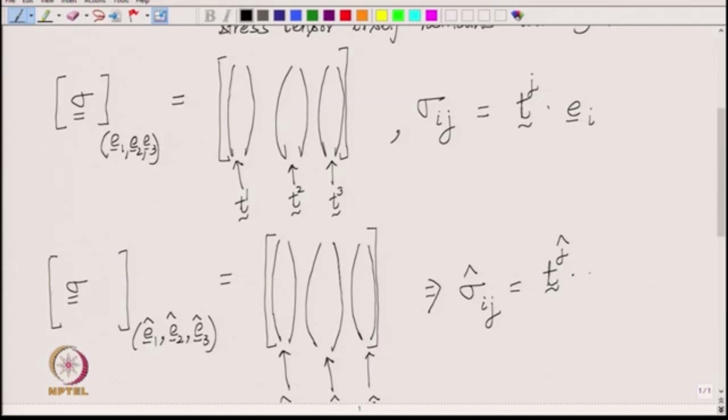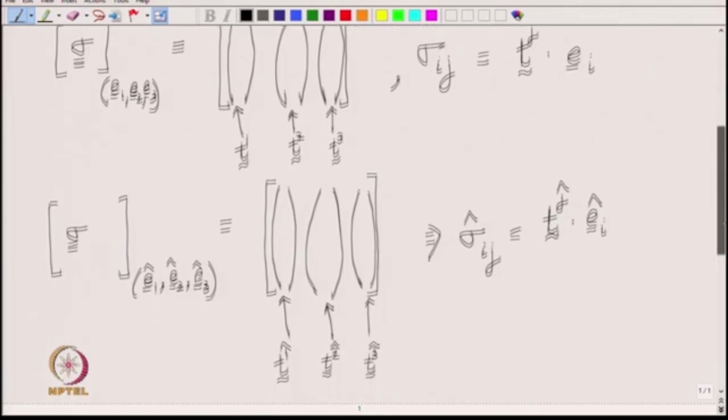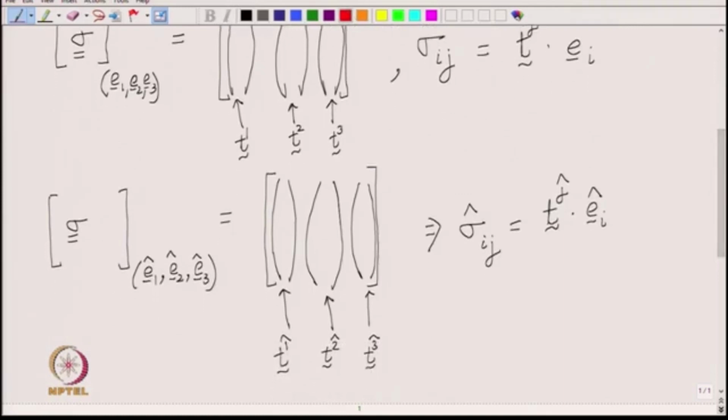So, I must dot it with E I hat, not with E I. I will make it more clear: this is not equal to T j hat dot E I. This is supposed to be T j hat dot E I hat, because I need to find the components in the new coordinate system, because I am representing everything in the hat coordinate system.